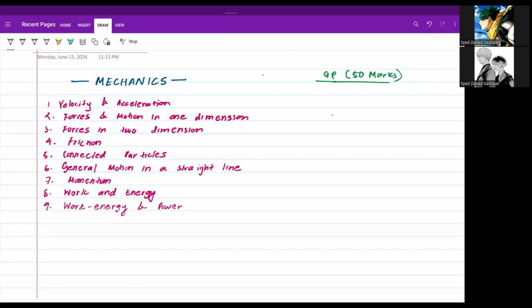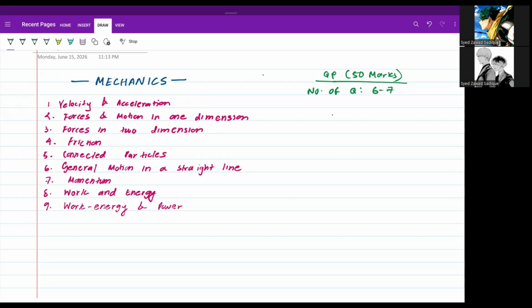Every year the number of questions is 6 to 7, with 7 being the highest and 6 the minimum. Usually most of the topics are quite straightforward, and you can get marks very easily.